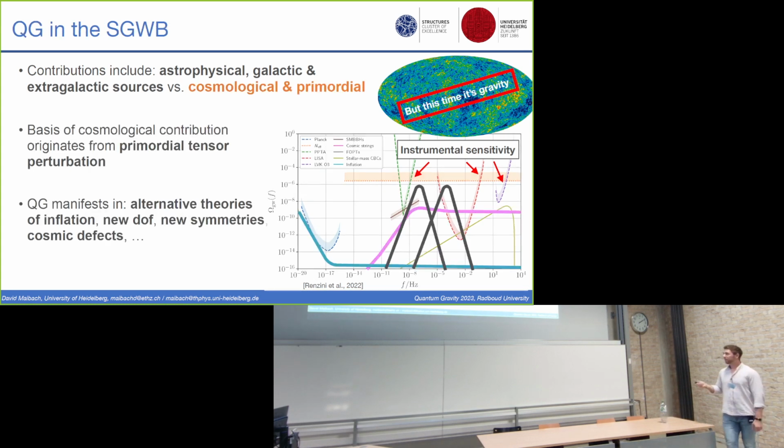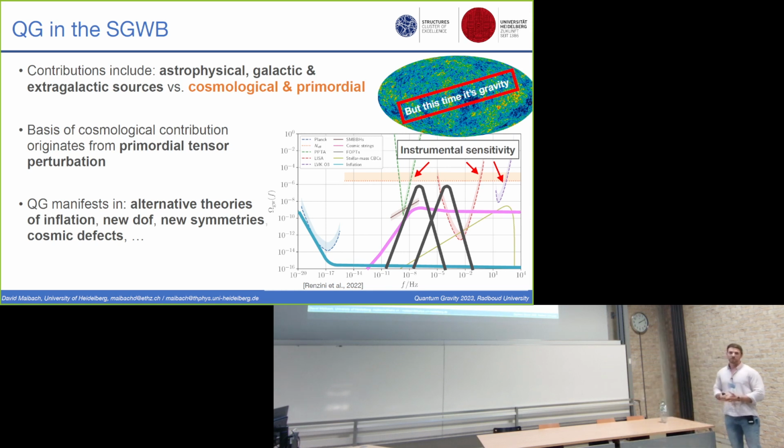So, for instance, you will have the classic tensor perturbations of inflation, which will be in the stochastic gravitational background. You will have evidence of phase transitions in the early universe, and you will have cosmic defects, just to name a few. And these will be very interesting because they will effectively open a door towards the primordial universe, so pre-CMB, really.